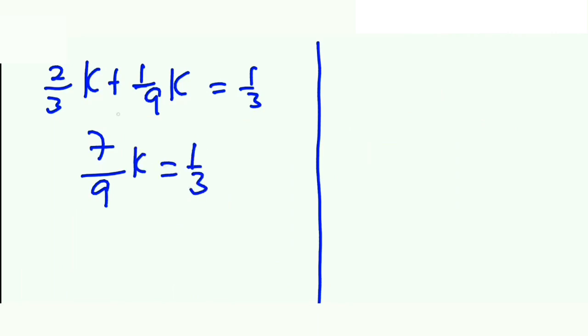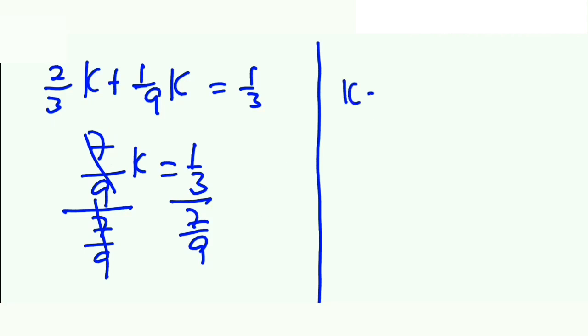Then to find the value of K, you have to divide by 7/9. So K equals 1/3 divided by 7/9.